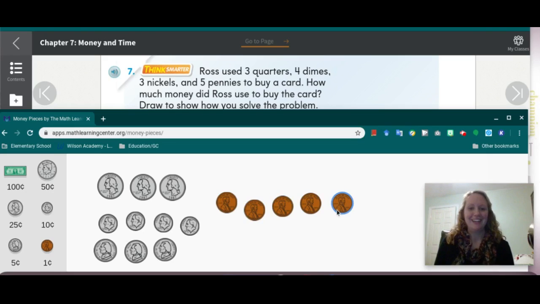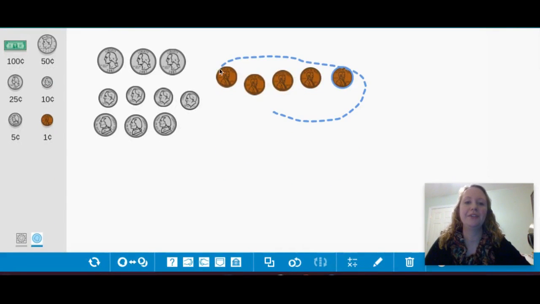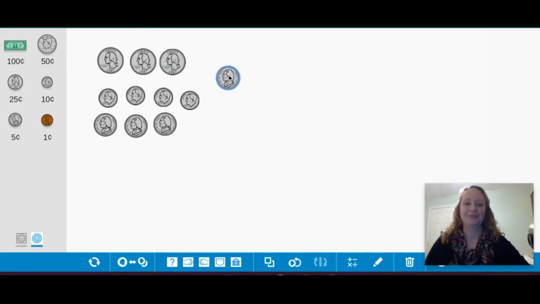Let's think about our tips and tricks. Can we combine any of these coins to make a larger value and make it easier for us to count? I think we can. Let's take a look. I'm going to move this screen right up here. Now, I know that 5 pennies combined can equal a nickel. I'm going to add that right here. But now I see something else.